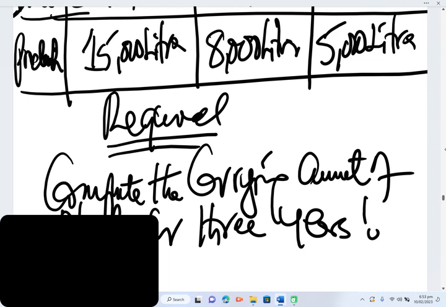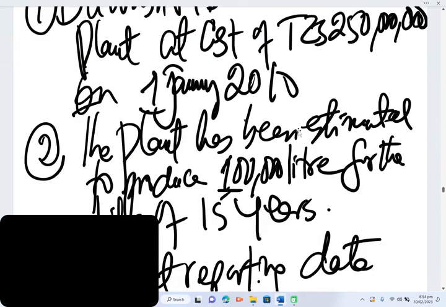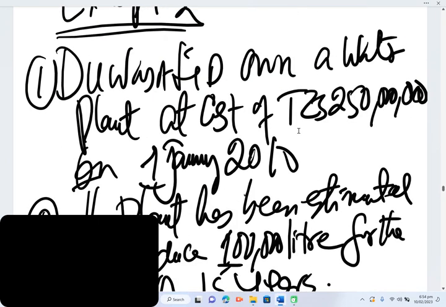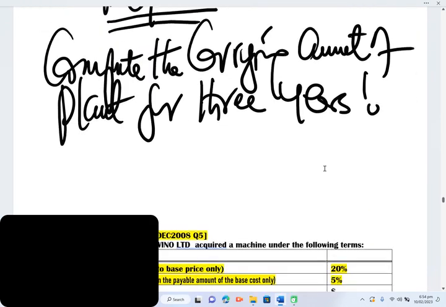Sasa mtu ambaye hajasoma hii standard anaanza kusema huu mtambo unakufa lini? Miaka 15. Sasa hajui. Residual value tutaassume ni 0. Au niseme if the residual value is 50 million. Tukamilishe swali ikae.